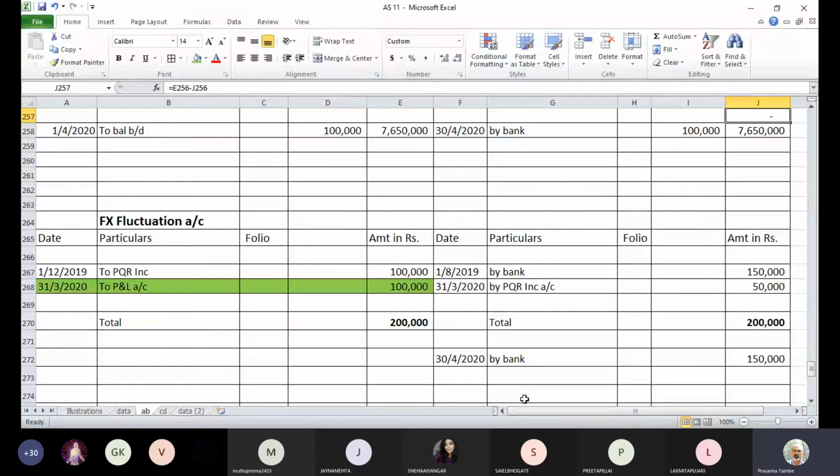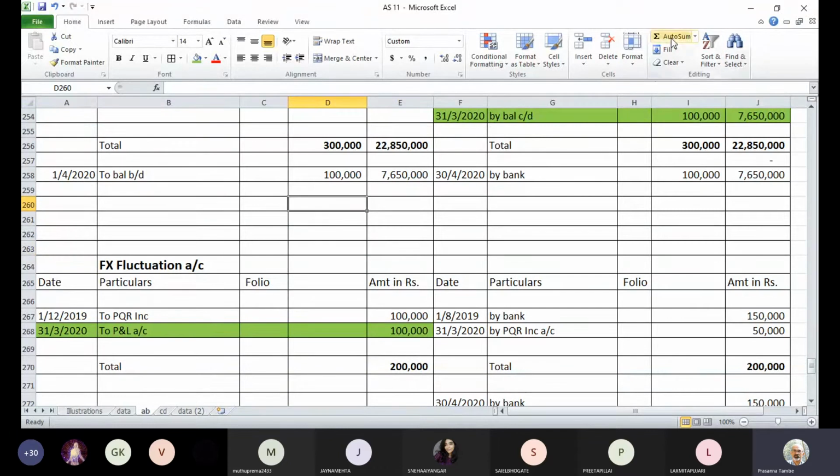Okay, so 76 lakhs 50 was the actual dues, 78 lakhs is the actual amount received. The excess amount realized 150,000 is a gain, and that gain has to be credited to FX fluctuation account. So once you credit that gain to FX fluctuation account, your party account will be closed because this was a final remittance. So we will now close the party account, which has already tallied.